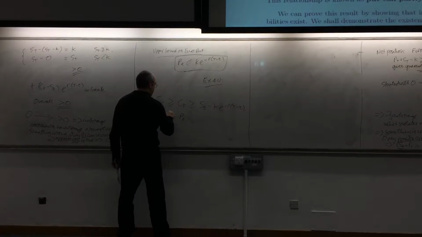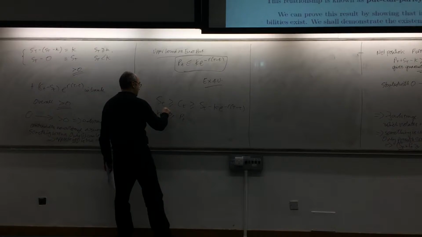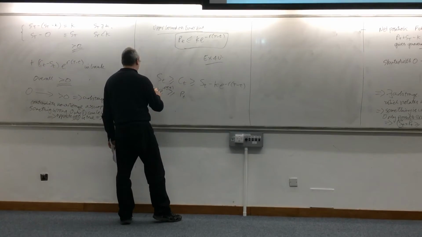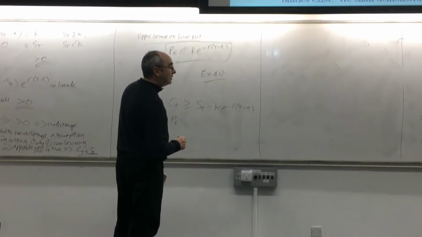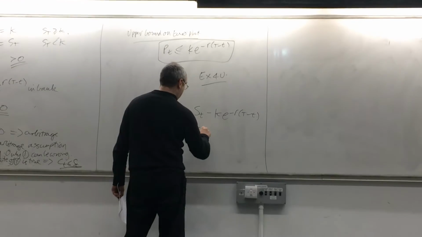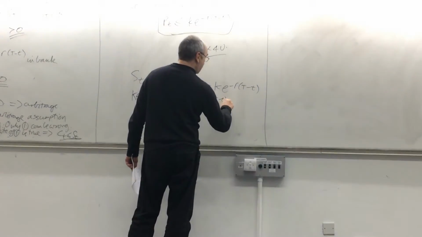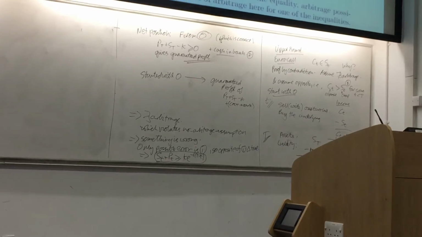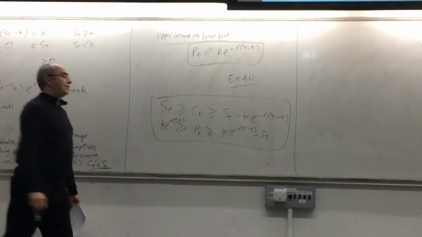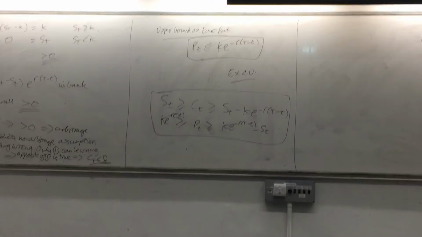We got Pt is less than K e to the minus R(T minus t). That's the upper bound on that one. What was the lower bound? So those are the bounds that we've got so far. We've got upper bounds and lower bounds on the European call and the European put options.